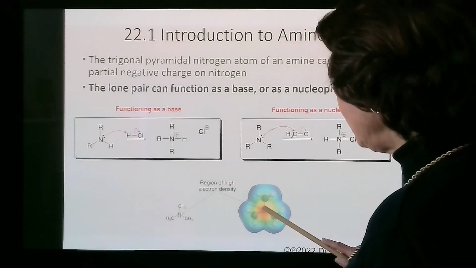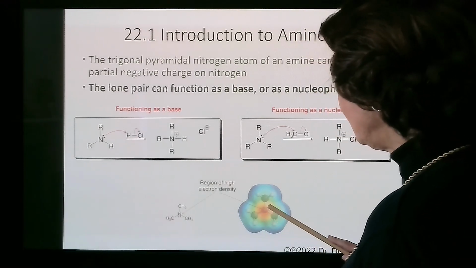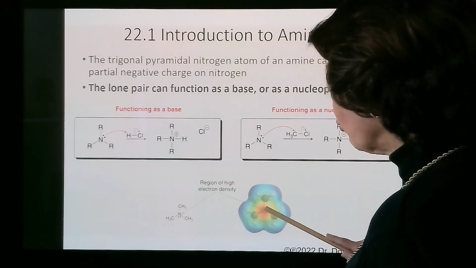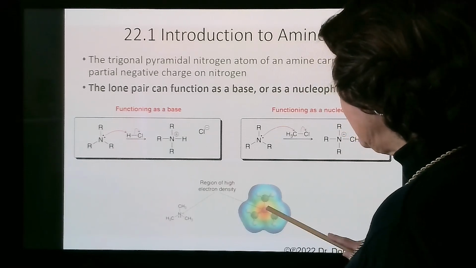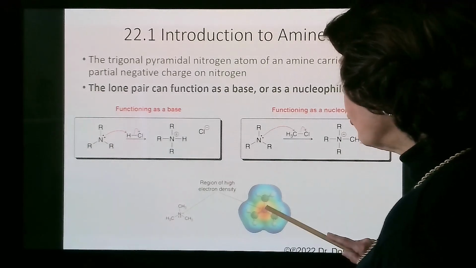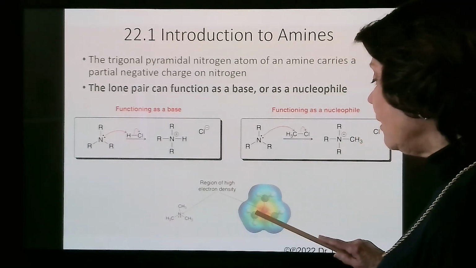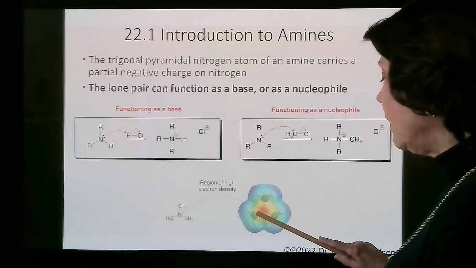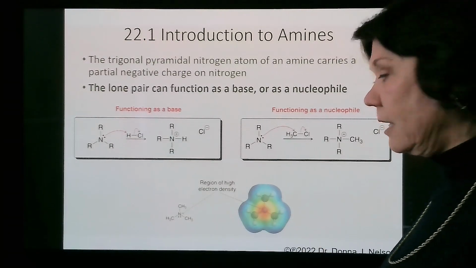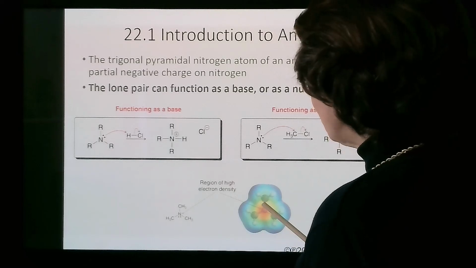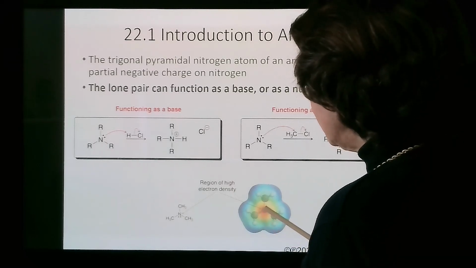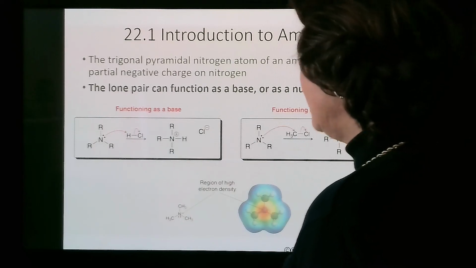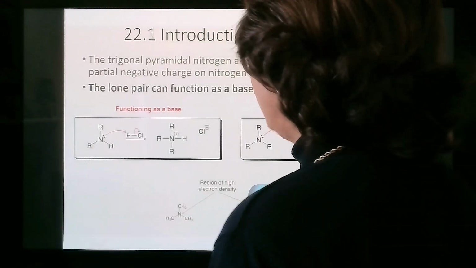And so you can see in this diagram that the nitrogen is colored in red, which indicates that it is higher in electron density, and the methyl groups are more in blue, indicating they are deficient in electron density, because the nitrogen is withdrawing electron density through the carbon-nitrogen bond onto itself. It is higher in electronegativity.